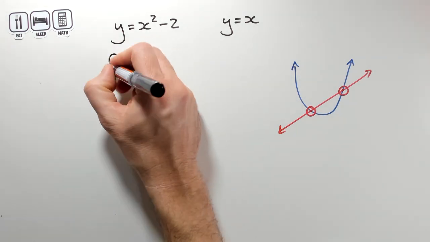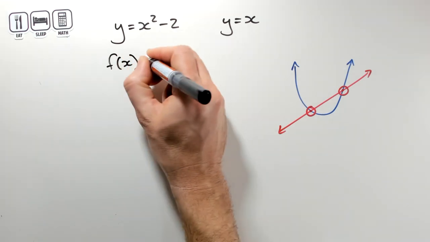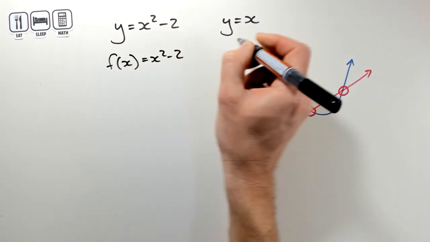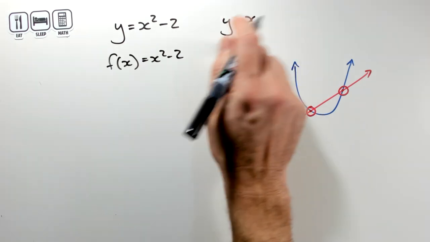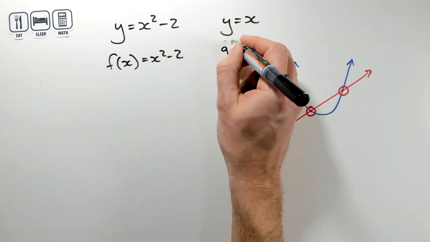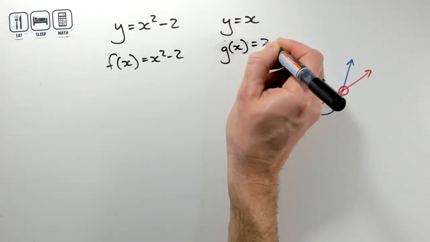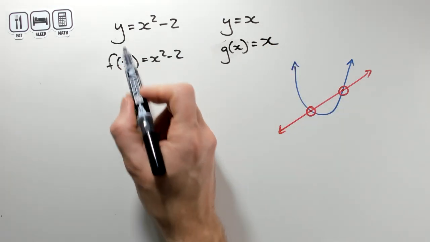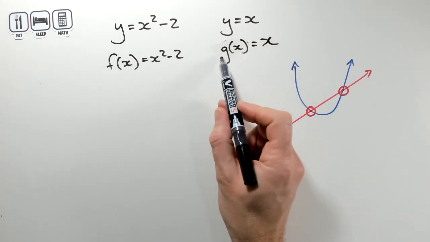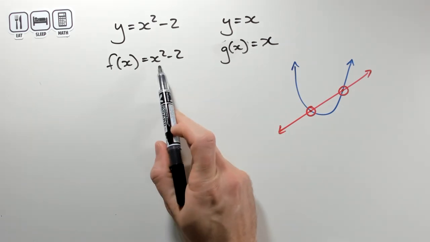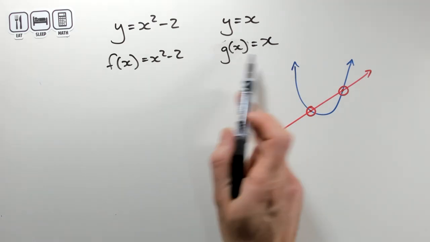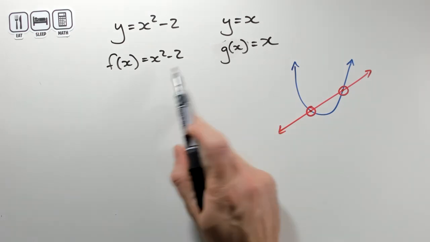They could write it in function notation, like f of x is x squared minus 2, and g of x is equal to x. So you can see the y is just replaced with this f of x kind of notation, and they'd say there's a curve and a line, and they cross somewhere, and you have to find out where they cross.